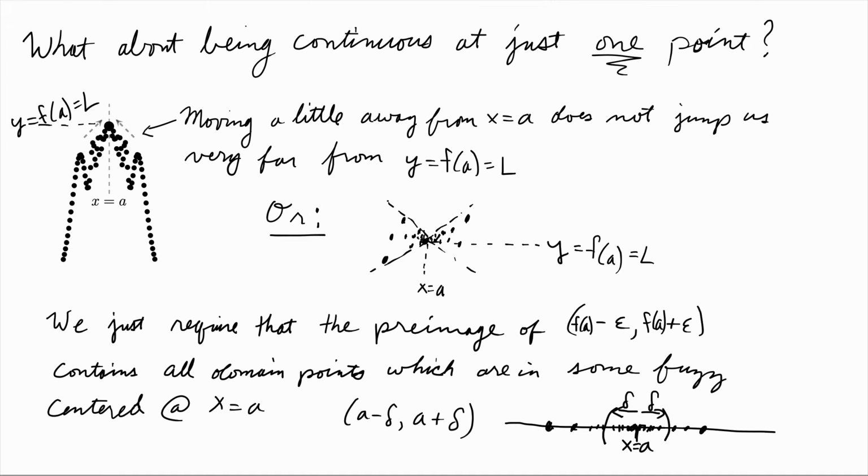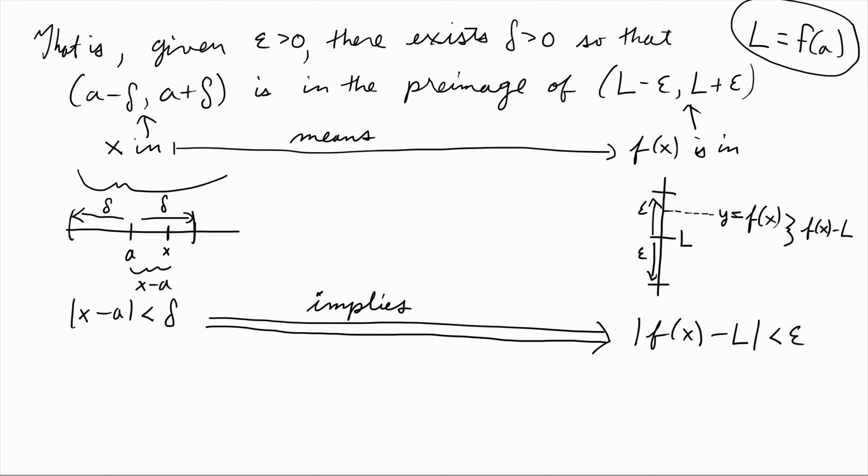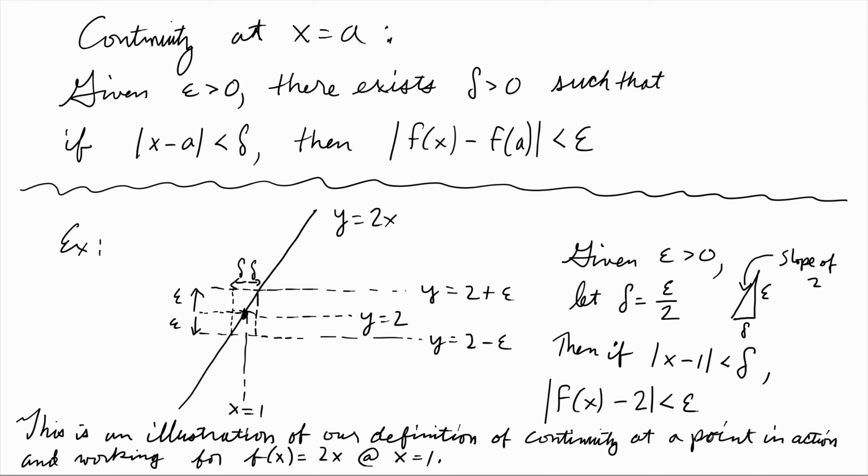In part 2, we focused not on continuity of a function on its domain, but at just one single point, what that looked like in terms of epsilons and deltas, this fuzziness idea, and gave an example of that as well.